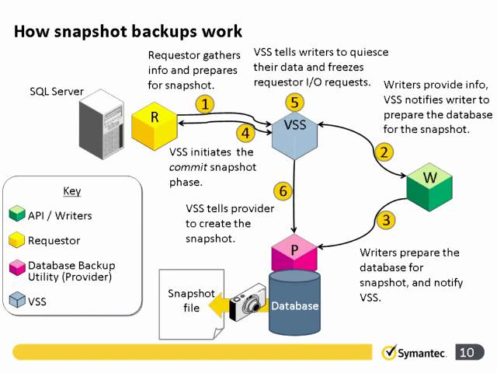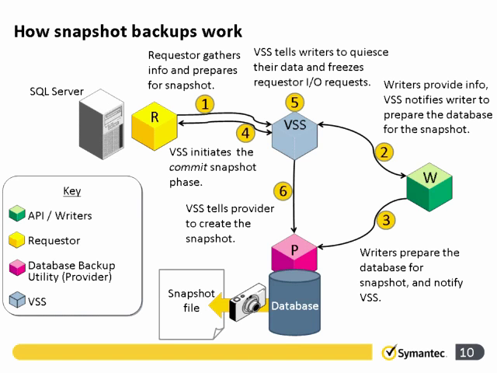The writers are going to go to the snapshot provider, whether it's the system or hardware or software, and say, please provide us a snapshot. At that point, the snapshot provider must wait for the database to be quiesced, meaning there can be no input or output for just a few seconds while that snapshot is created.